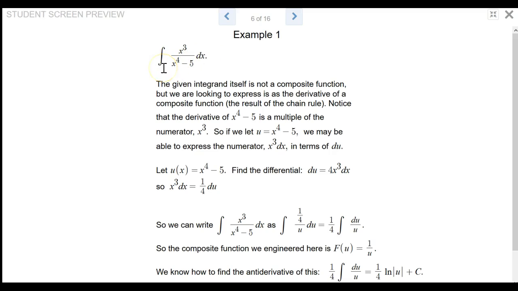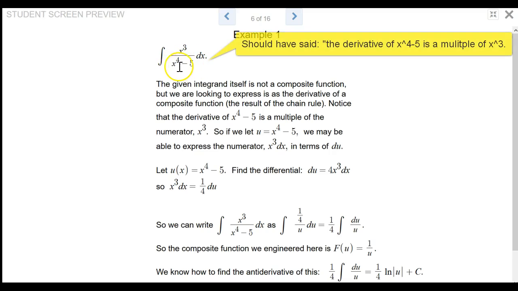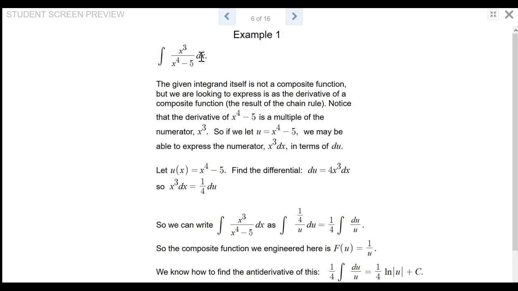of another factor. So if you look at the denominator, x to the fourth minus 5, the derivative of x to the fourth is x cubed. So if I make this my new u of x, my new function, its differential is the derivative of this function times dx.